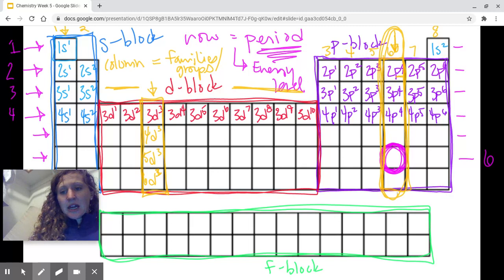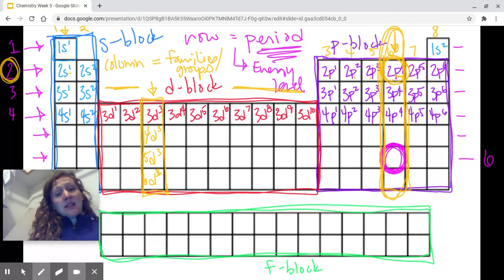If we look at this element right here, notice you're in the second energy level, and there's 1, 2, 3, 4, 5, 6 electrons in that energy level. 2 in the s's and 4 in the p's. 2 plus 4 is 6. So yet another pattern is emerging.